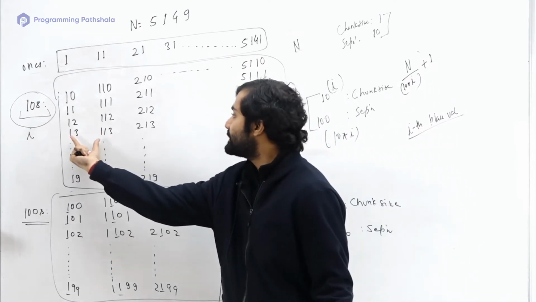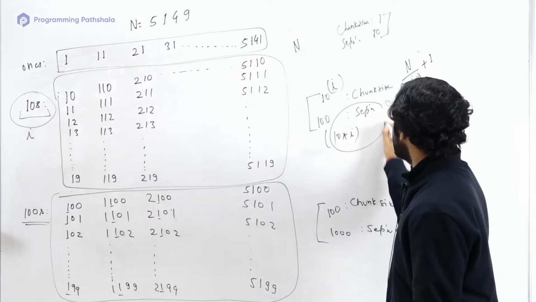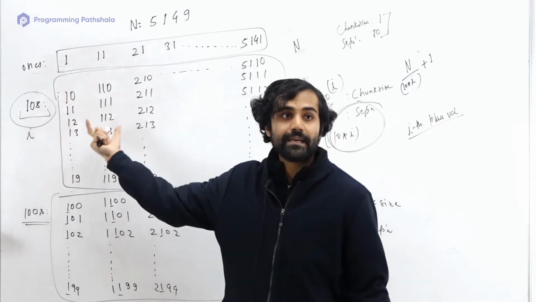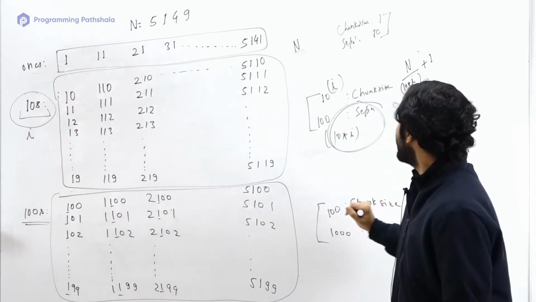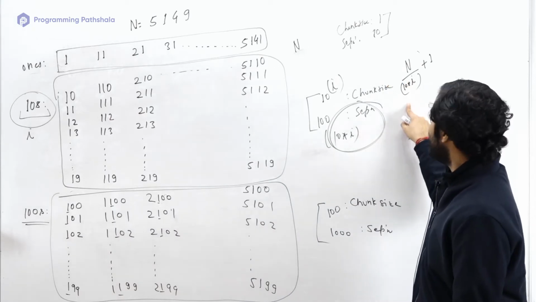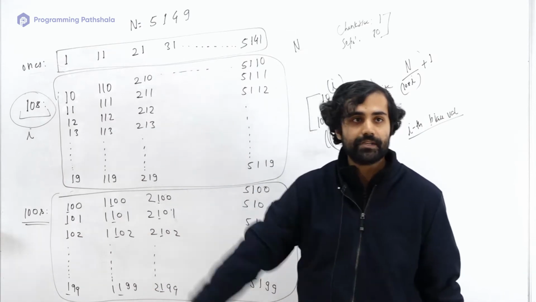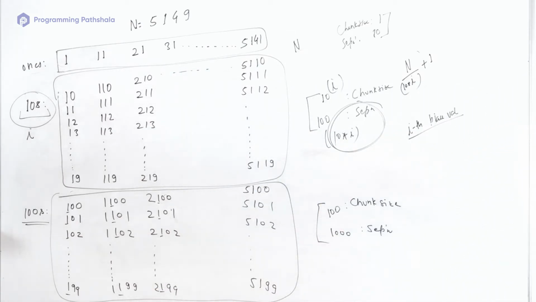Because separation is 10 into I. That is what I have written. So if you are looking at 10's place value, then your separation is 10 into 10. So if you do n upon 10 into 10 and add 1 to it, then that will tell you that these many chunks are there. Does that make sense to everyone?